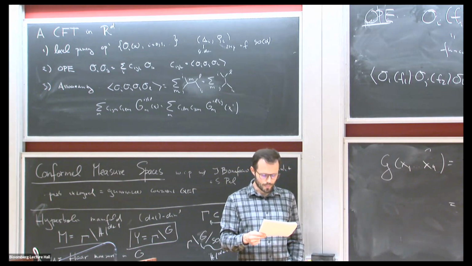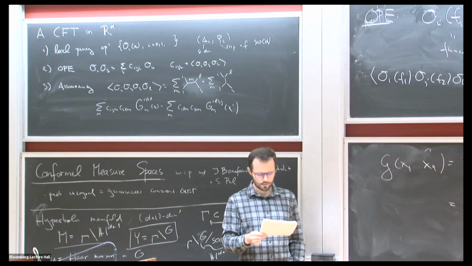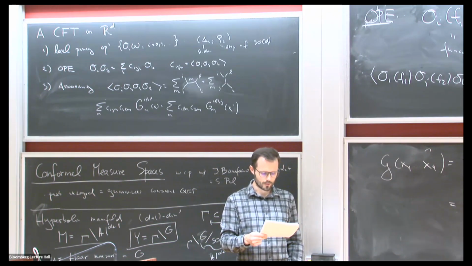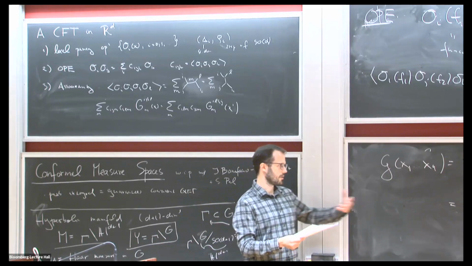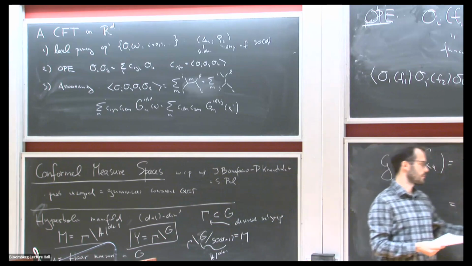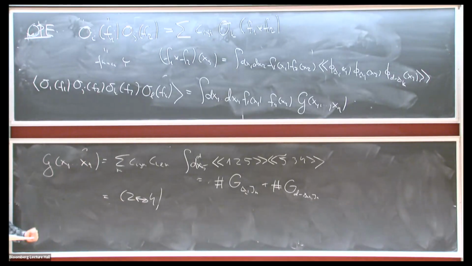There's a theorem, so it kind of reminds you of a theorem in one-dimensional algebras, which says that any abelian von Neumann algebra, which acts on a separable Hilbert space, is actually the algebra of bounded functions on a measure space. So what we are doing here is kind of like imposing the axioms of an algebra in the presence of conformal symmetry. And what one would like to see is that every such algebra is actually an algebra of functions on a measure space.